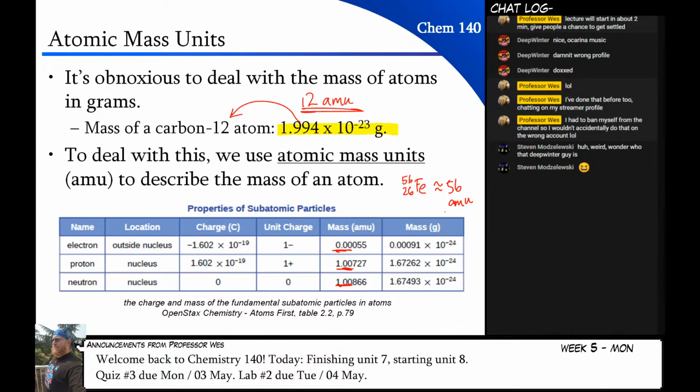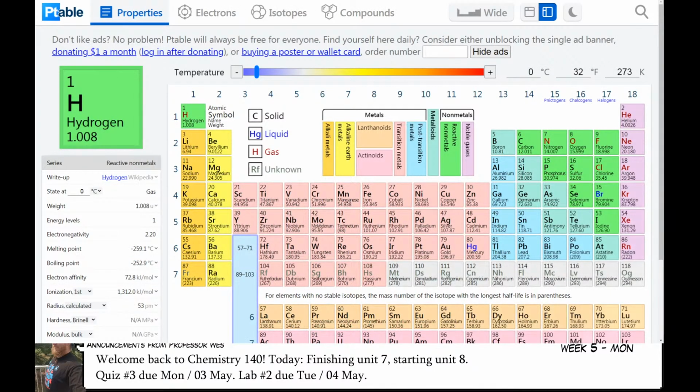And we can use that information to look at the periodic table to look at mass numbers. So let's grab the P table and do that real quick and have a little bit of a discussion here. I type in PT and P table comes up. So window capture, P table. There we go. I'm just going to click on an element here. Here's iron.